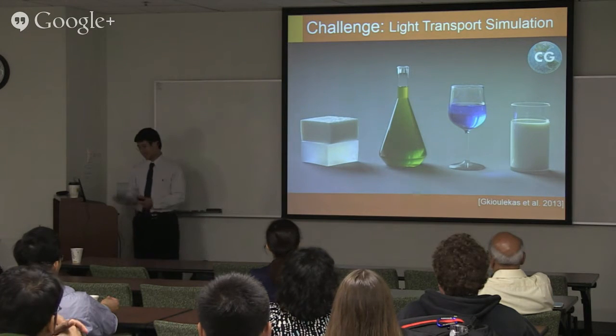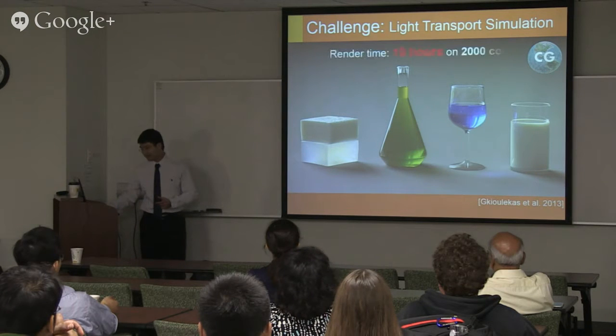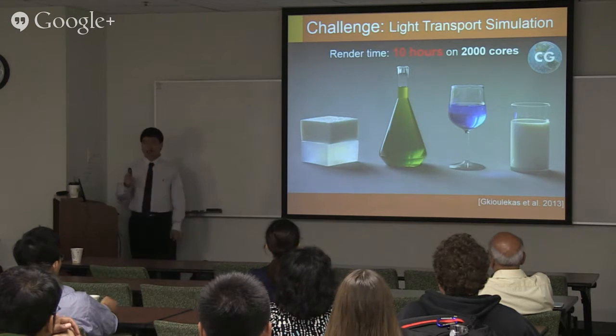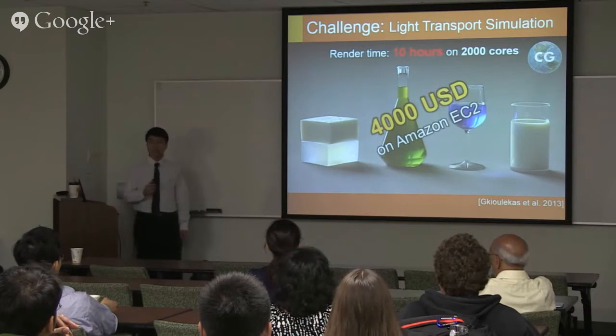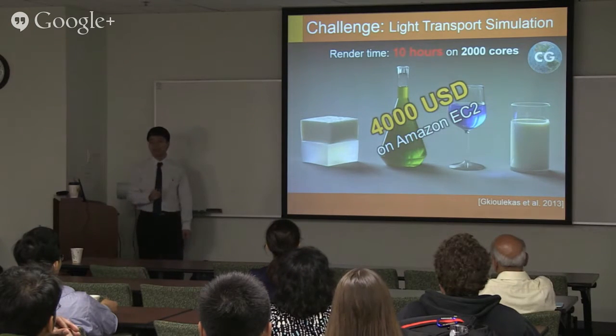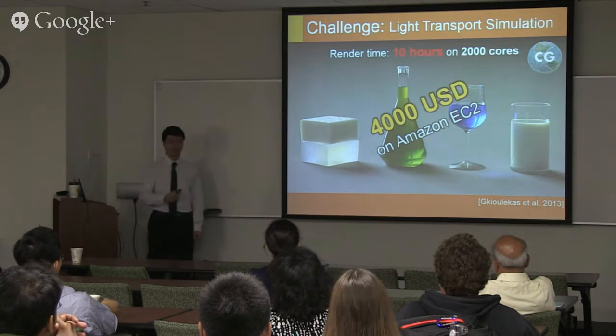As a result, it takes 10 hours. This single image takes 10 hours to render on a cluster of 2,000 CPU cores. And we had to burn $4,000 on Amazon EC2 to do this. That's a crazy amount of money, right?